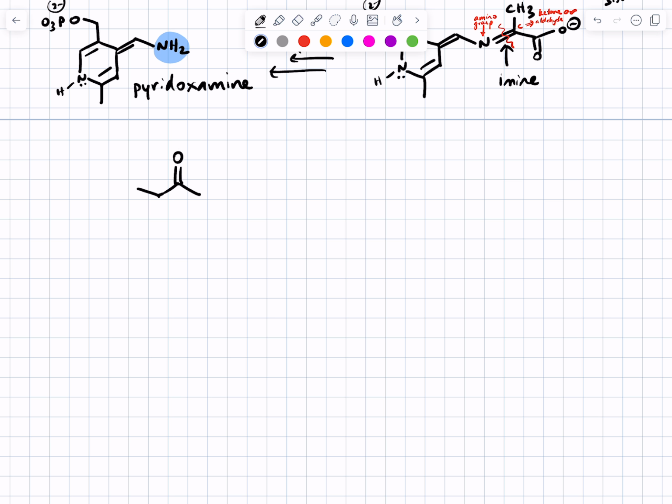I'm going to punt on it because that's something we get in a future chapter of the class. We won't talk about it with respect to enamine specifically, but we'll talk about a related molecule called an enol, and yes, there is a way to predict, but don't worry about it for now.